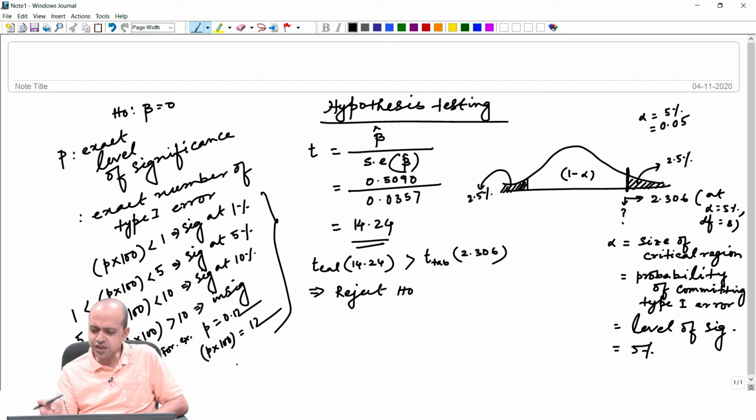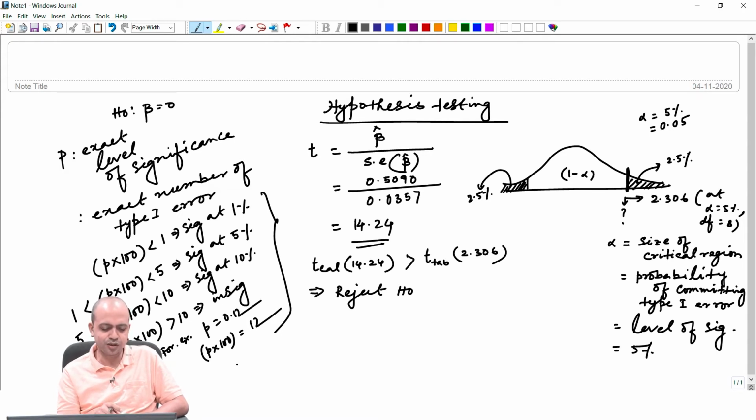That means all this exact level of significance will be converted into 1%, 5% and 10% after multiplying this by 100. If it is less than 1, then it is significant at 1%. If it is less than 5 but greater than 1, then significant at 5%. Greater than 5 but less than 10, it is significant at 10% only.